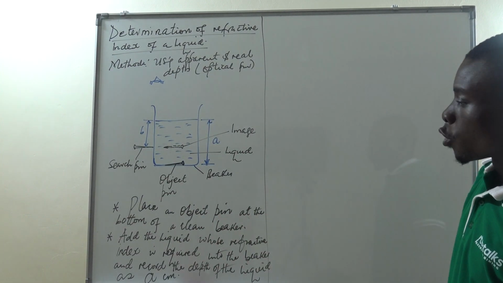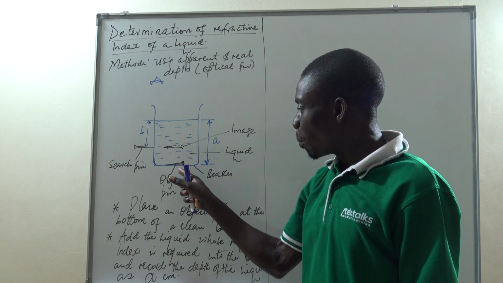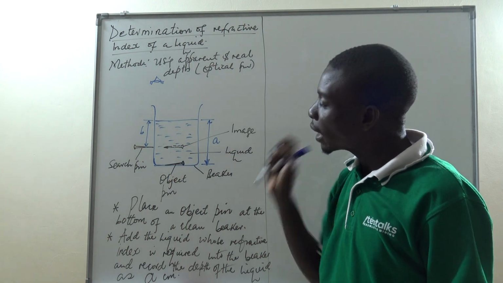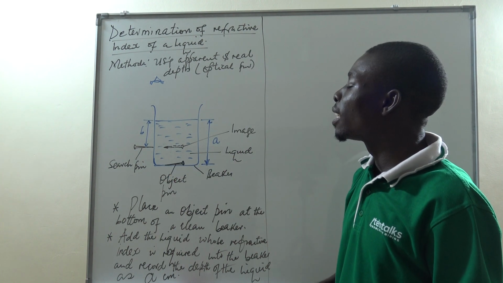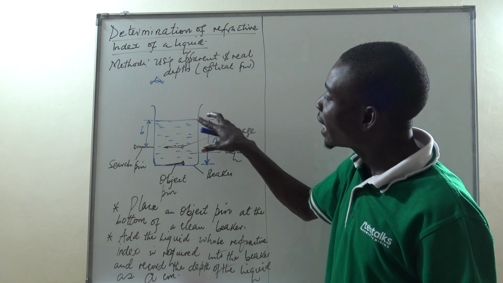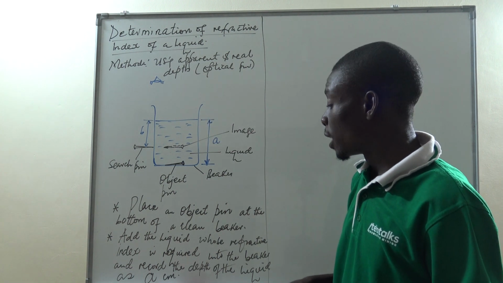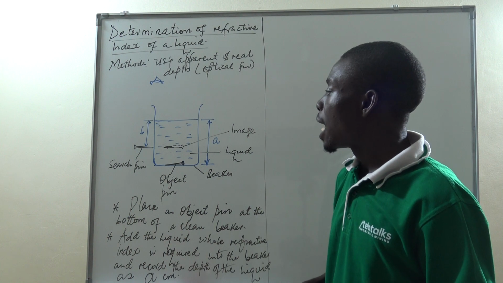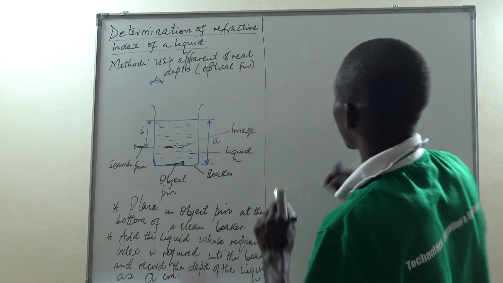Is that okay? So, after putting the pin, add the liquid whose refractive index is required in the beaker, then measure the depth to which you have added the liquid, and then record it as A centimeters.